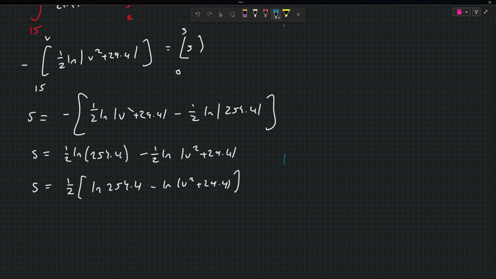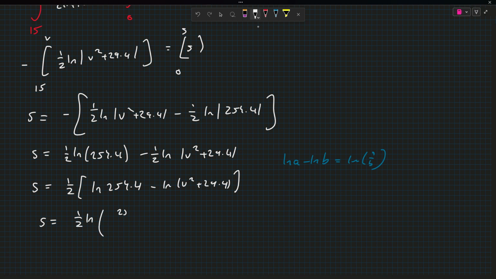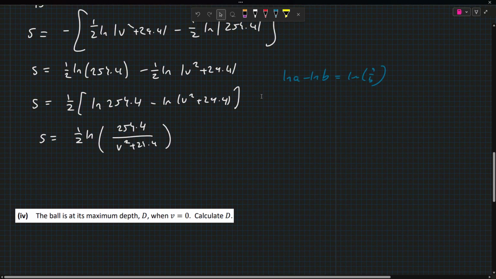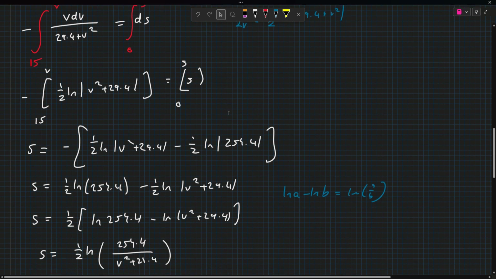Using the log law that log a minus log b is log a over b, s equals 1/2 log of 254.4 over v squared plus 29.4. But it's asking for v in terms of s, and we have s in terms of v, so it's slightly harder to manipulate, but we have to do it.